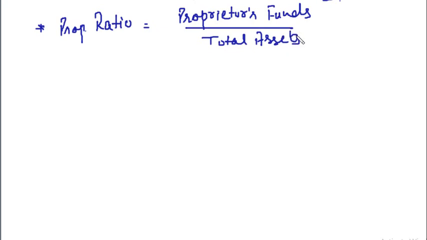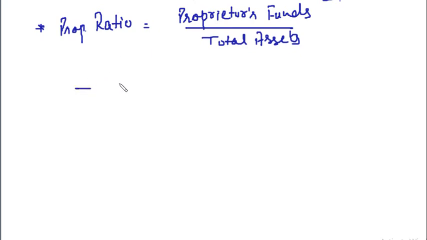Clear? Proprietors funds divided by total assets. How much of the total assets have been financed through own funds, and how much through borrowed funds. This is the main purpose of calculating the proprietary ratio.